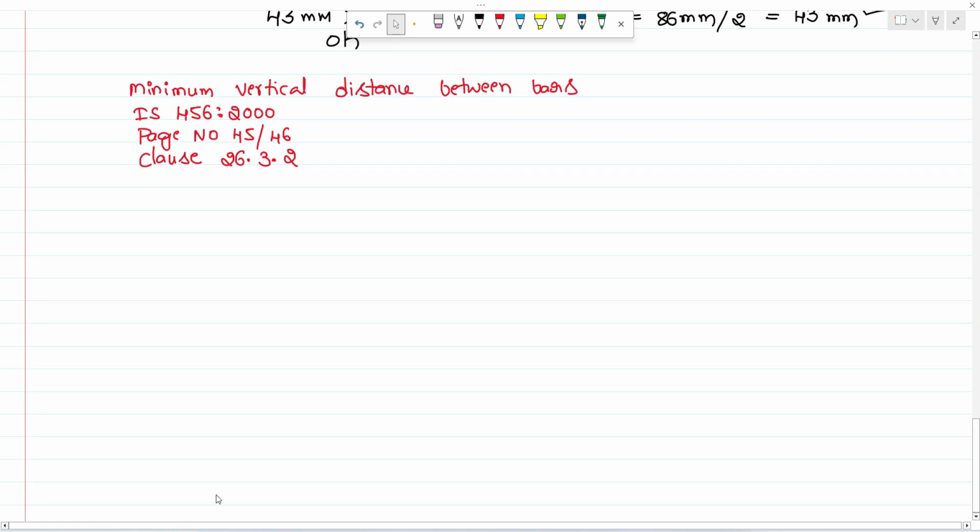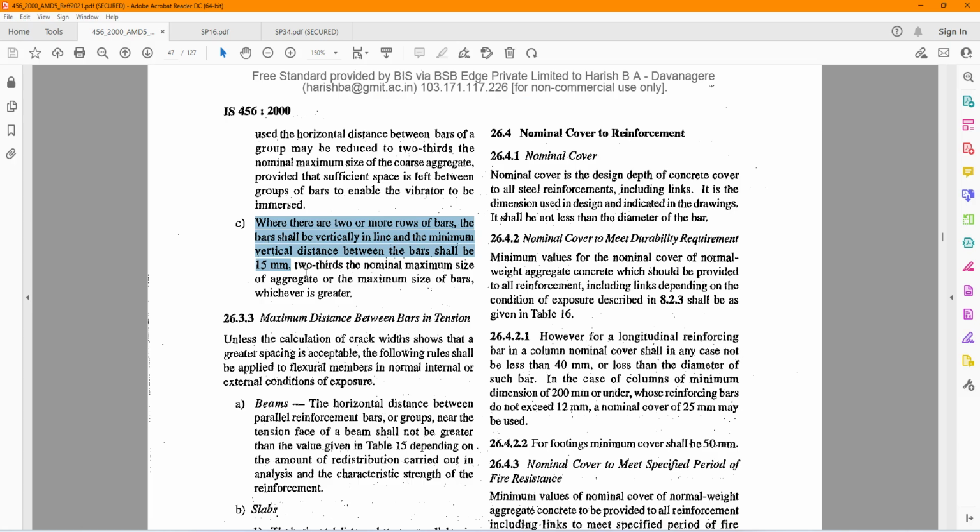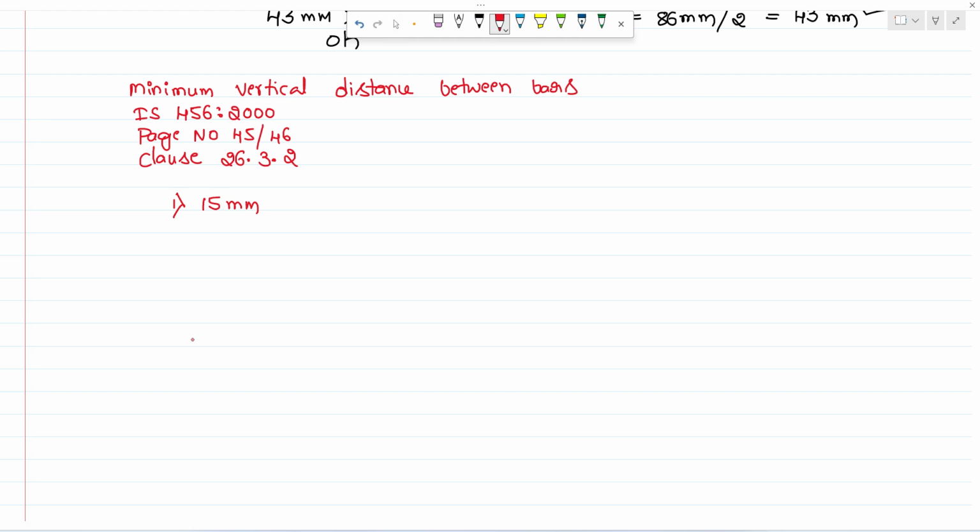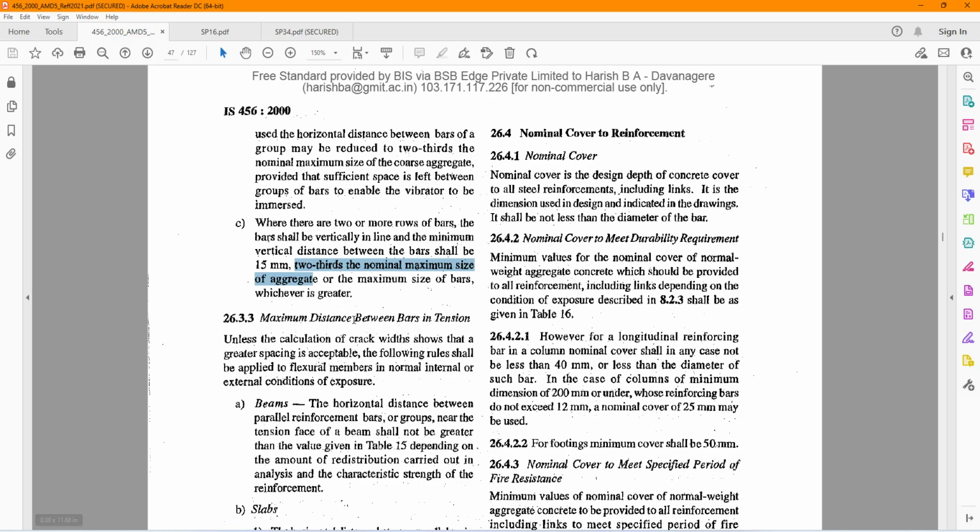So first criteria it is you should maintain a vertical distance of 15 mm. Second criteria, 2/3 the nominal maximum size of aggregate. So second criteria it will be 2 by 3 times 20 mm size aggregate. I think it will be 13.3 millimeter. So third criteria, the maximum size of bars.